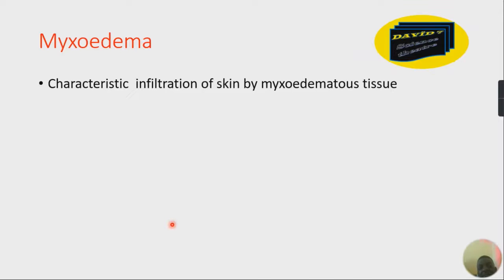Myxoedema now. This is adult hypothyroidism. In adult hypothyroidism, there is characteristic infiltration of the skin by myxoedematous tissue. This myxoedematous tissue infiltrates or penetrates through the skin, and the signs and symptoms are here.